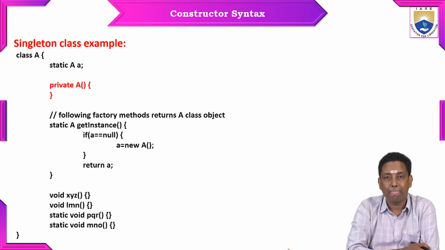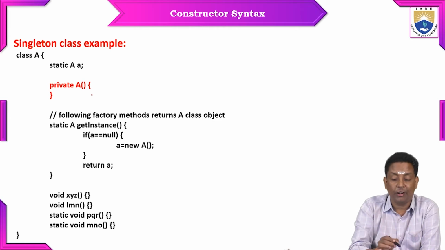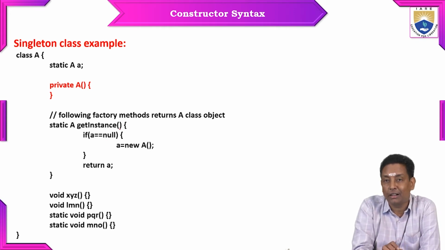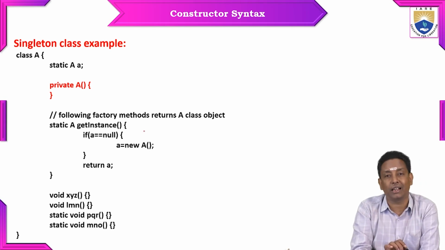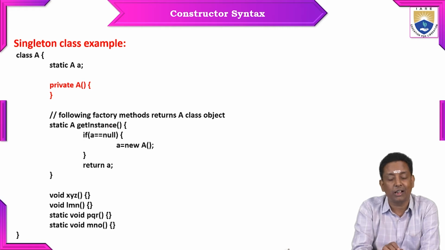So this is the example. Class A, constructor private, followed immediately by a static A getInstance. The moment you call the getInstance method, it checks whether this class is already instantiated or not.